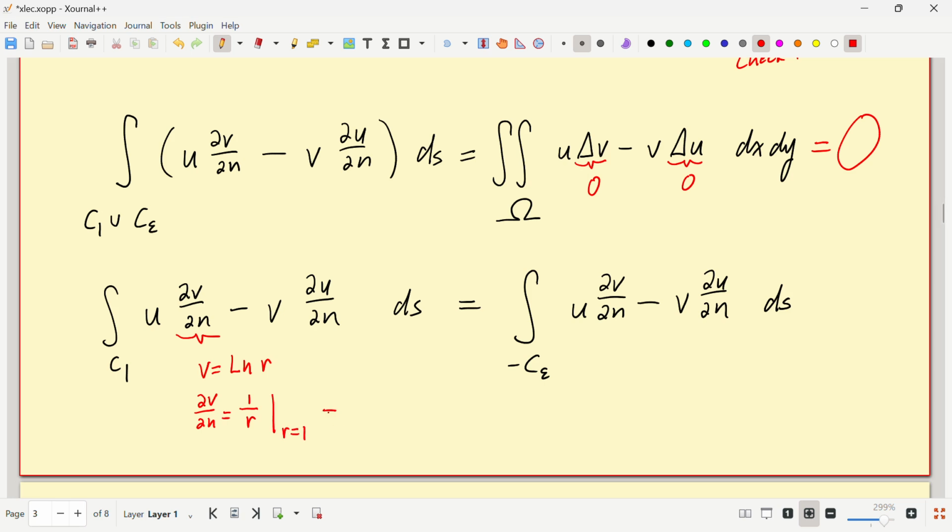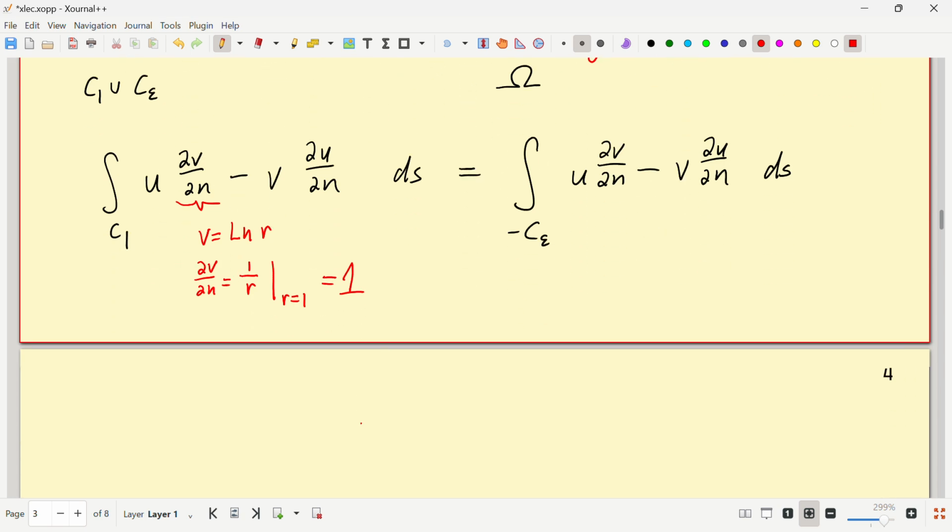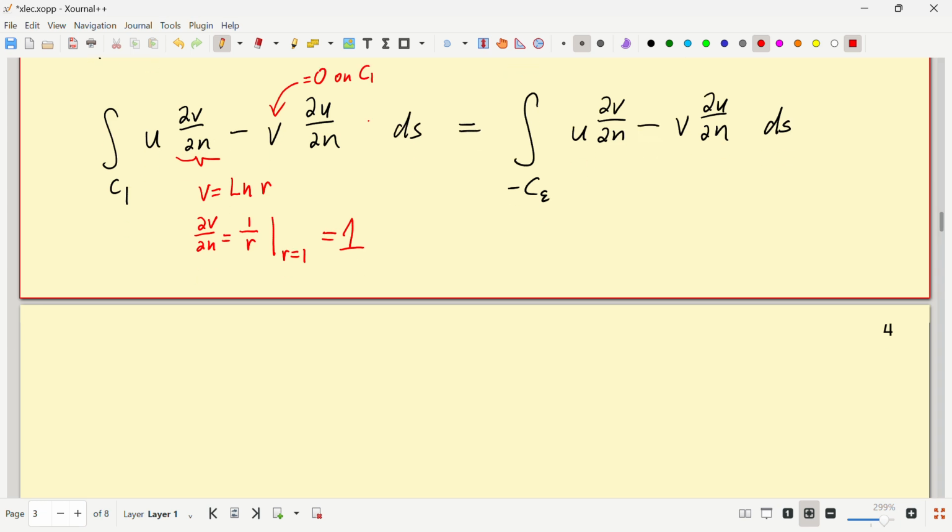So that's equal to 1. And v, the log of r, is equal to 0 on the boundary, equals 0 on C1. Okay, so that makes that thing very simple.